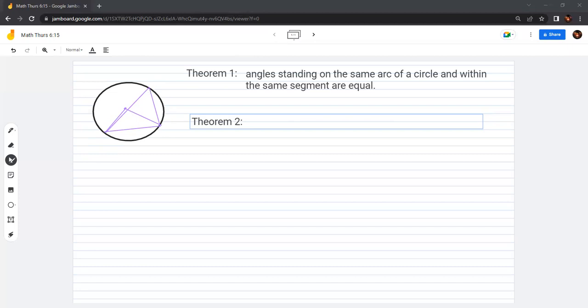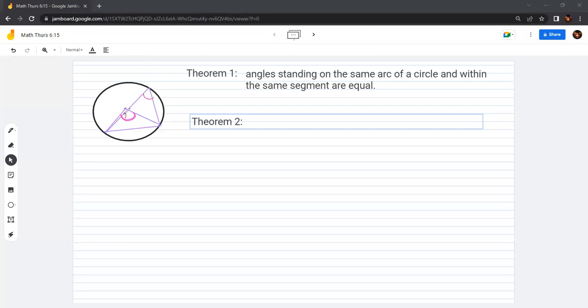Now the rule is, anytime this occurs, the angle at the center of your circle is twice the size of the angle at the circumference.